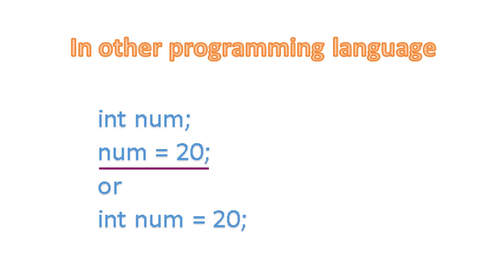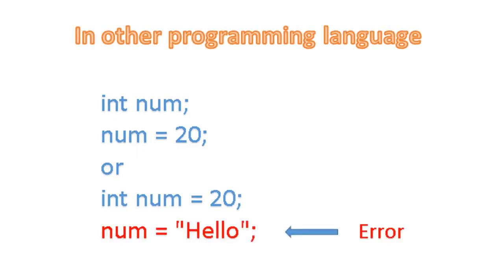In the second line, an integer value is assigned to the variable. This variable will always accept integer values only. If we assign different data type values, then it will throw an error. For example, the last line, num is equal to hello, will throw an error because a string type value cannot be assigned to an integer type variable.